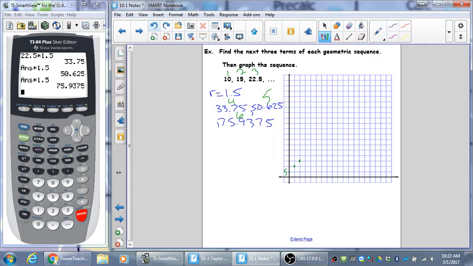This is looking better already. 5, 10, 15, 20, 22 and a half, about right there. 33.75, about right there. 50, about right there. And that's 50, 55, 60, 65, 70, 75, and a little bit more is right there.